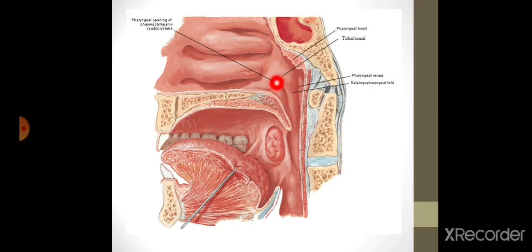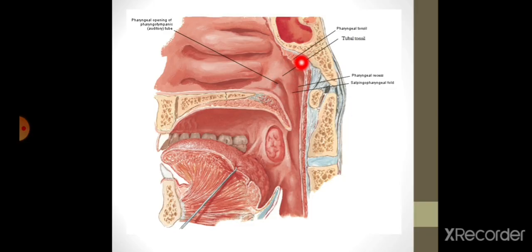As you see here, this tube is surrounded superiorly and posteriorly by an elevation known as the tubal tonsil. Tubal tonsil is formed by aggregation of lymphoid tissue. So the lymphoid tissue here is collected to form the tubal tonsil.